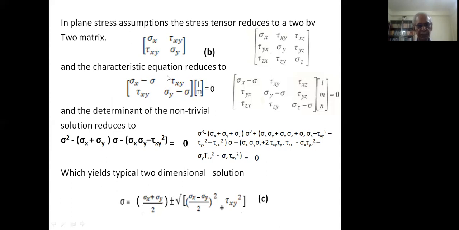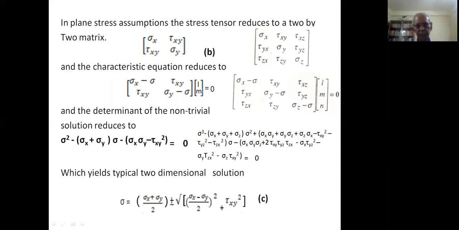If we now go back to the procedure that we followed in finding the principal stresses, what we did was to write down the characteristic equation. I have shown here that in 3 dimensions, the characteristic equation looks like this.